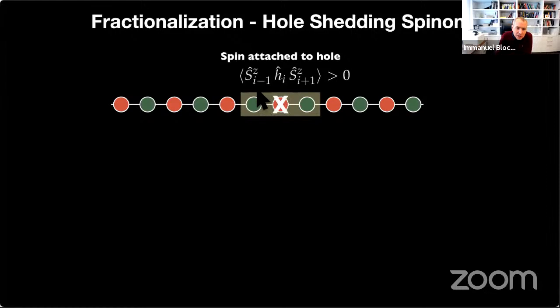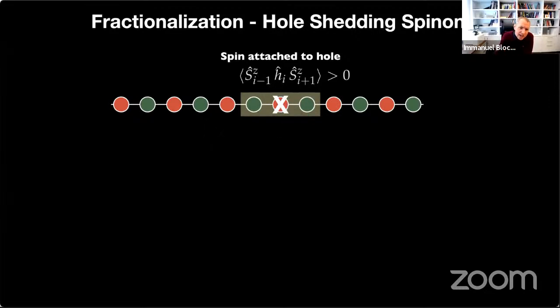So how is the spin on site i-1, this side here, correlated with the spin on site i+1 over here, conditioned on having a hole in between? So you're evaluating how the spin environment looks surrounding a hole. And then, of course, you can calculate the expectation value of that.